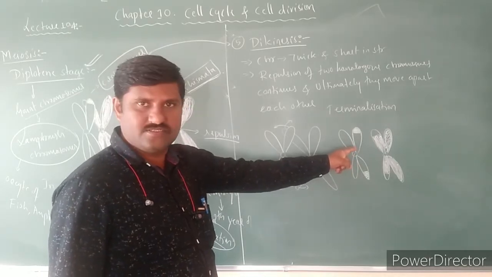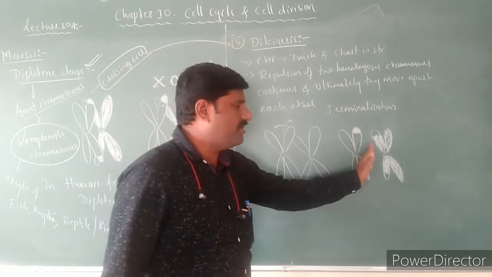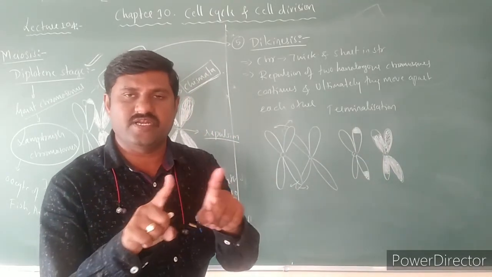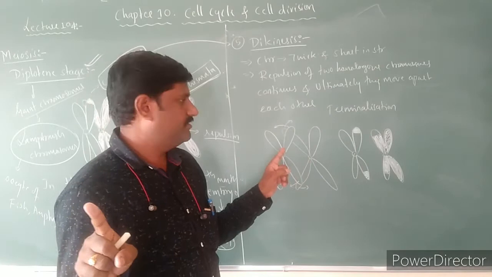Terminalization means the repulsion of both homologous chromosomes takes place gradually and ultimately they separate.